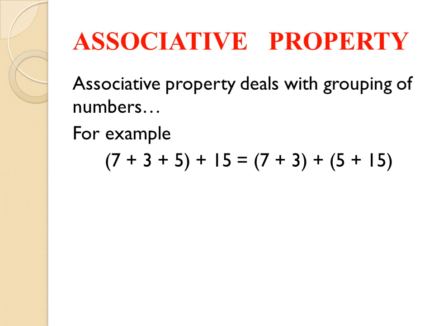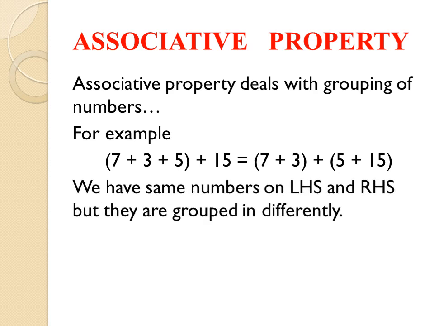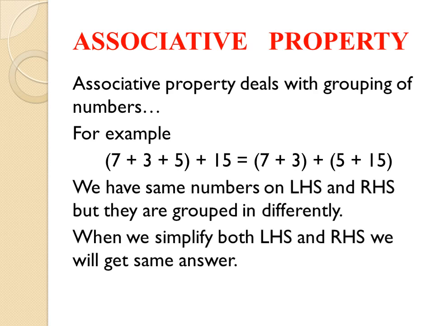That's what associative property deals with. When your answer is not the same, it means that associative property is not true. So let's see in this sum. In this sum, the left hand side and the right hand side are grouped differently, but both of them will give you the same answer. Understood, children?